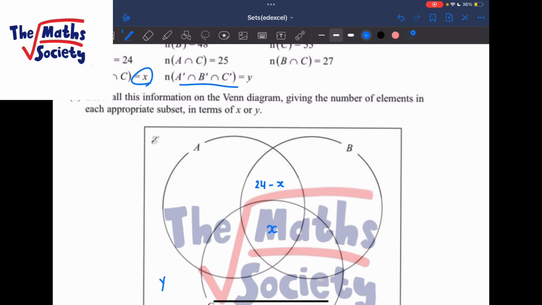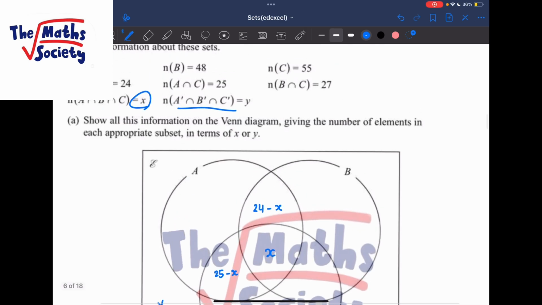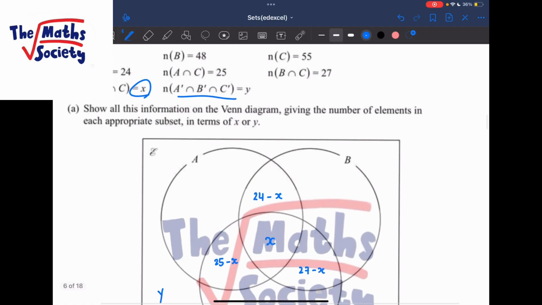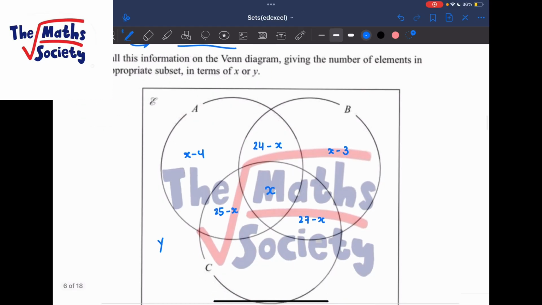A intersect C is equal to 25 minus x, and then you will have B intersect C equal to 27 minus x. So here you can get all of the intersected ones back, and then you can calculate the others. A equal to 45, so you just minus everything and you get x minus 4. Then you have B equal to 48, which will get x minus 3, and then you have C equal to 55, which is going to be x plus 3.